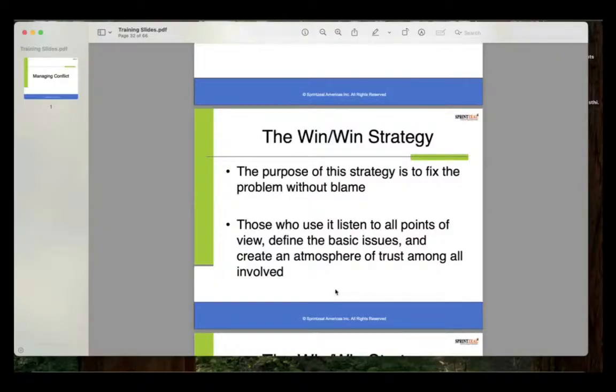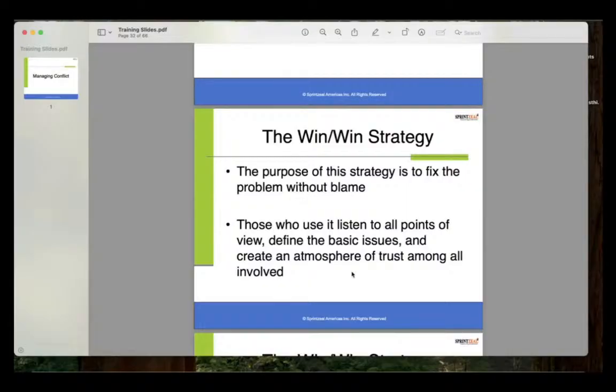All right. Then those who use it listen to all points of view, define the basic issues, and create an atmosphere of trust among all involved. So this is the role in this strategy.